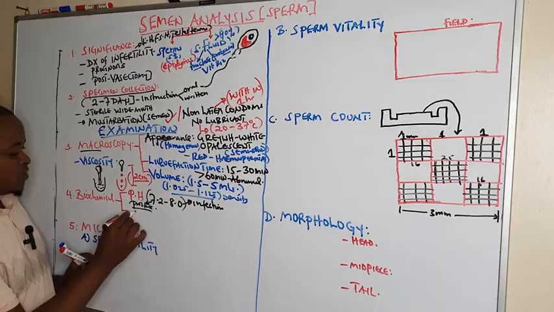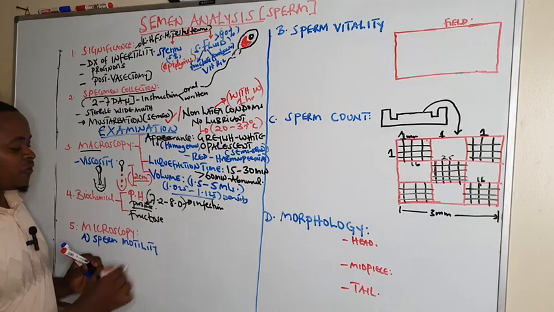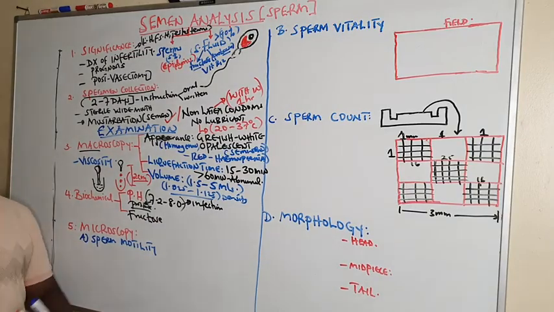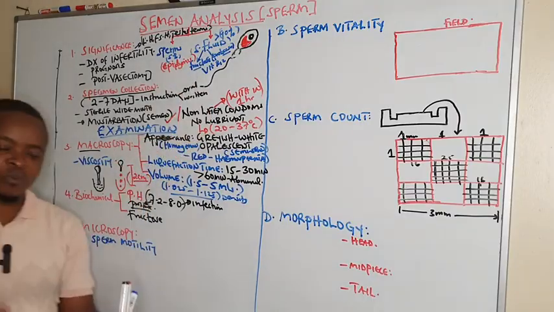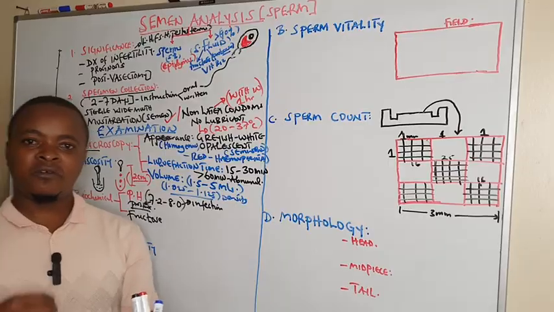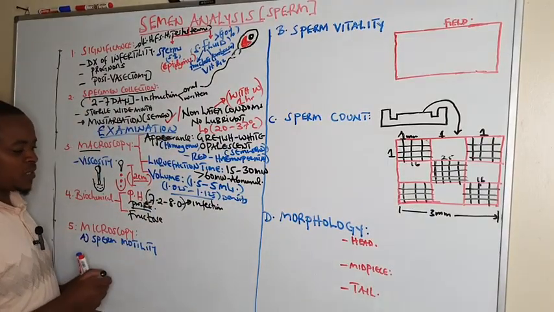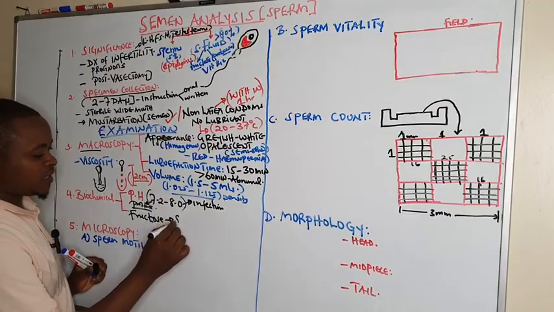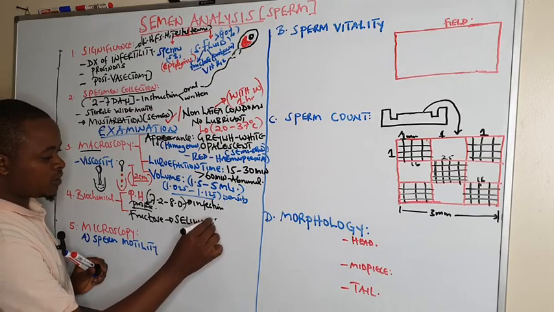Another thing we can use is the fructose test. As we have seen, fructose is a monosaccharide produced from the seminal vesicle, and it is the one that provides energy for the sperm to swim. And this fructose can be tested by a test known as Seliwanoff's test. It is a biochemical test.